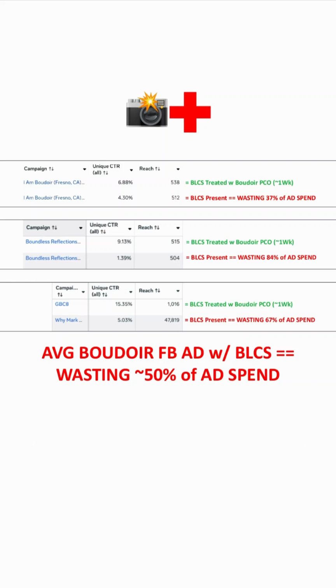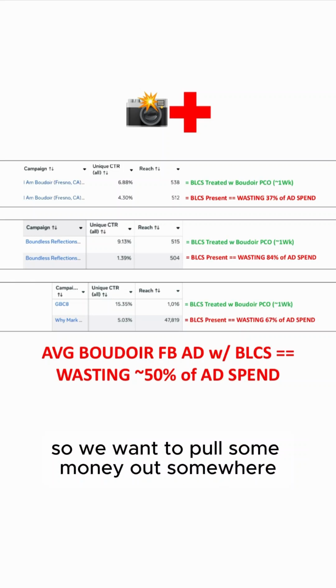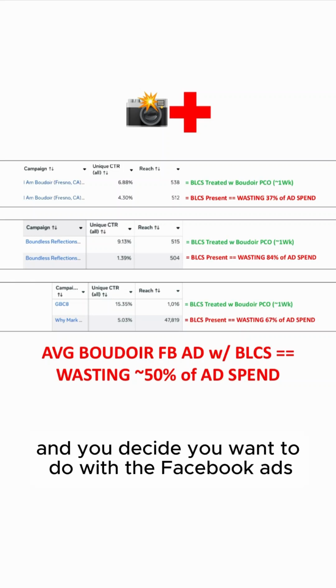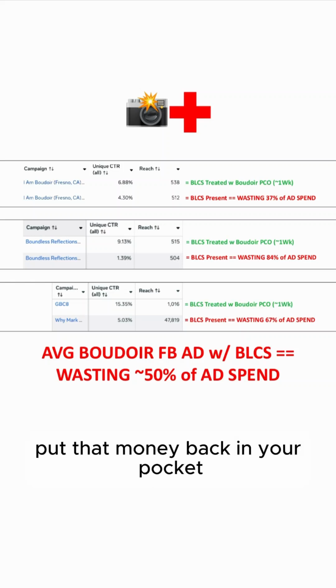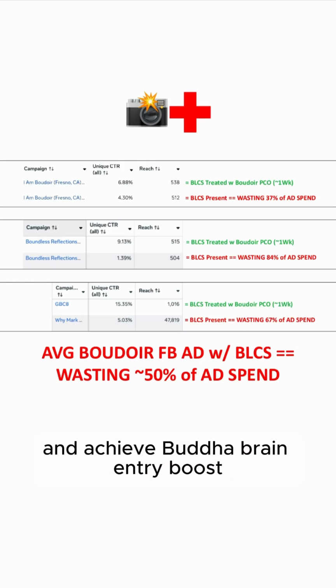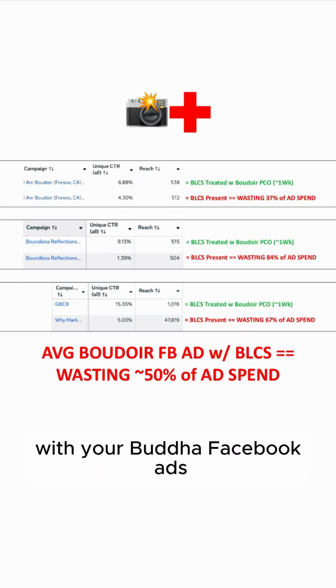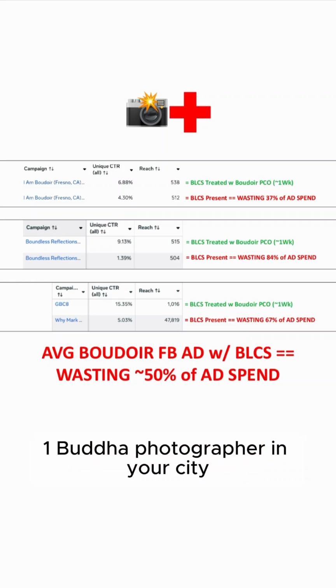And we're seeing inflation still hitting hard for living costs. So we want to pull some money out somewhere. You decide you want to do it with Facebook ads. Put that money back in your pocket so you can achieve pre-click alignment, become a dominant boudoir advertiser, and achieve boudoir brain entry boosts with your boudoir Facebook ads, so you can be on your way to becoming the number one boudoir photographer in your city.